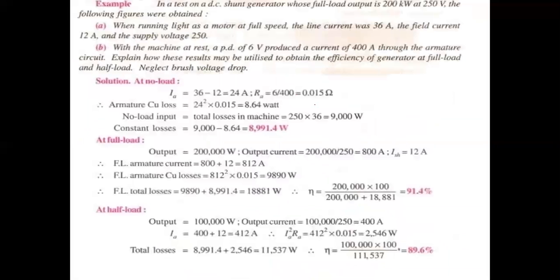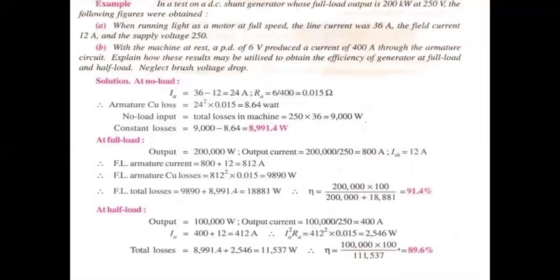I will take another numerical problem as an example. In a test on a DC machine, the output power is 200 kilowatts at 250 volts. The following figures were obtained in the Swinburne test when running light as a motor at full speed.